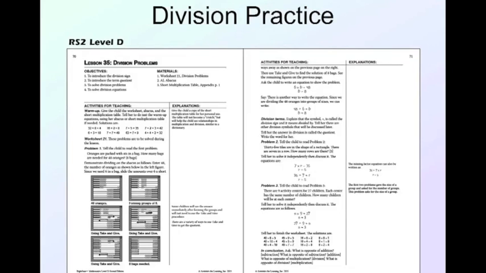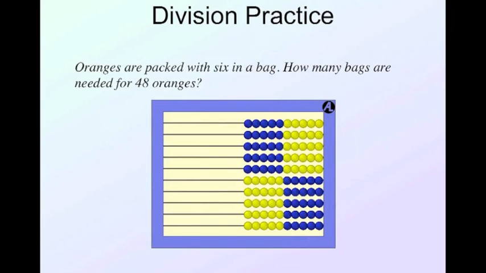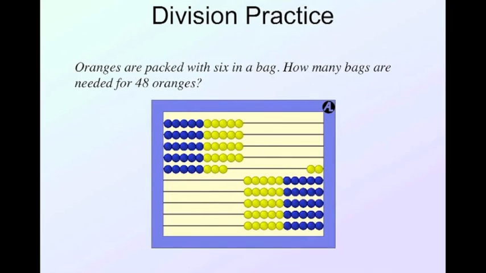Let's do some division practice. This is coming out of level D. Oranges are packed with 6 in a bag. How many bags are needed for 48 oranges? Well, as we know, we're going to start out with 48. And I want to put them with 6 in a bag. So I'm going to use my take and give.